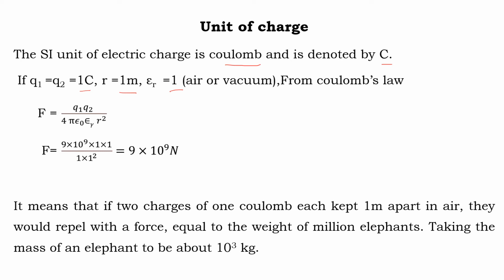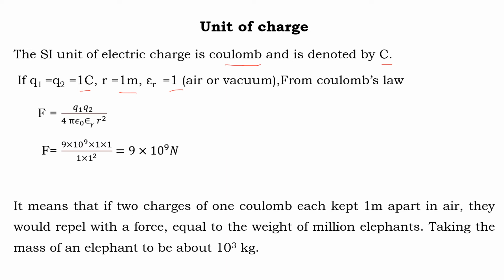Then from Coulomb's law, F can be represented as Q1 Q2 by 4 pi epsilon 0 epsilon r r square. Here Q1 is 1, Q2 is 1, and 1 by 4 pi epsilon 0 has a value of 9 into 10 raised to 9, so the force will be 9 into 10 raised to 9 into 1 divided by 1 into 1 square.